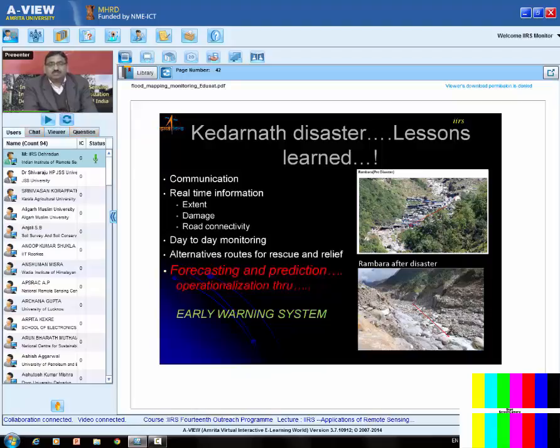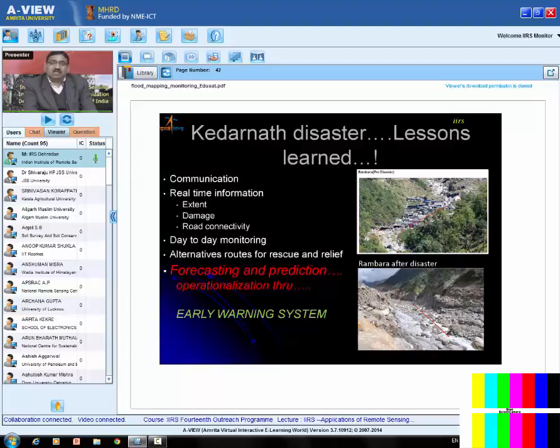No communication, because towers were destroyed. Maximum towers were either destroyed, or if not destroyed, there was no diesel, no power, so you would not have any signal. Then there was no real-time information on the extent and how much damage had occurred.